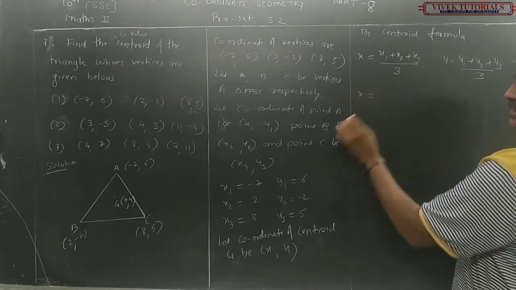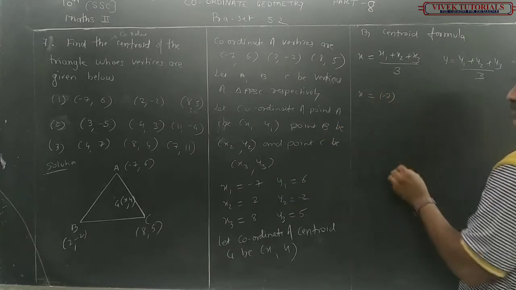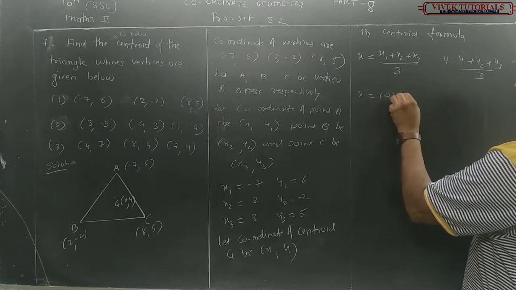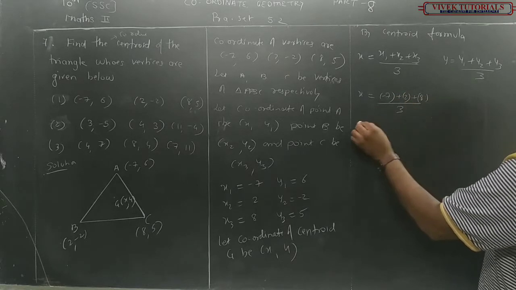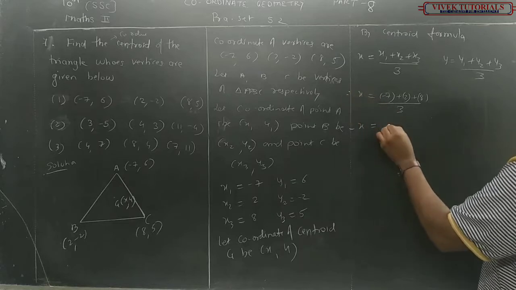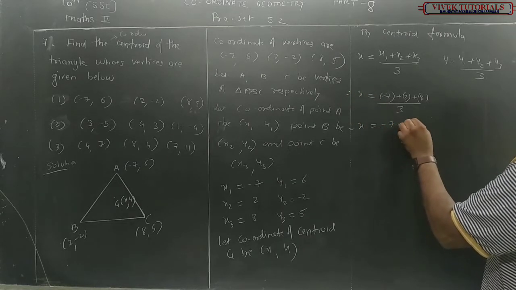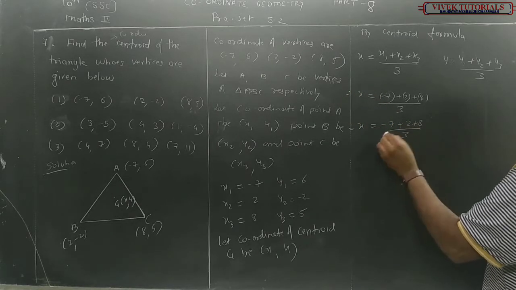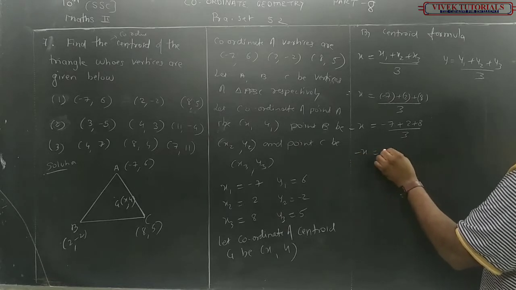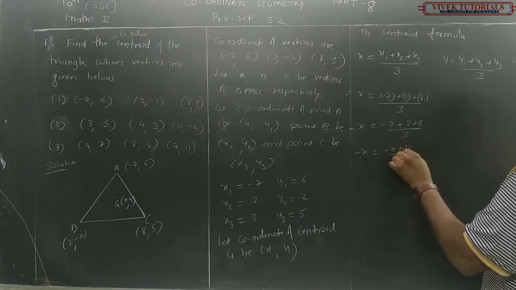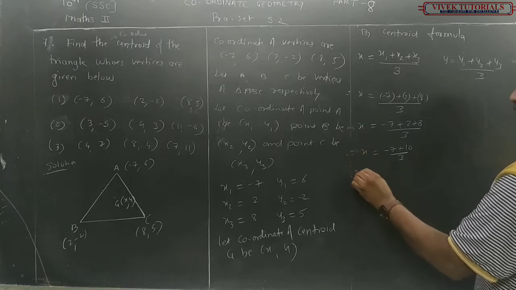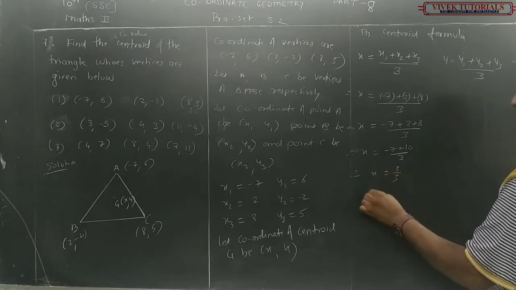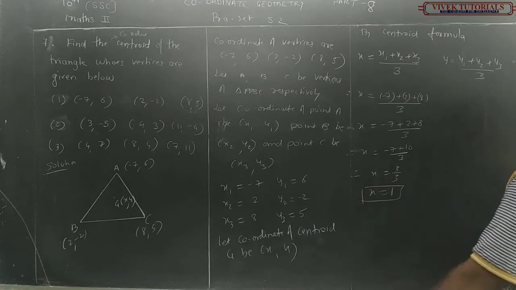So x is equal to (-7 plus 2 plus 8) upon 3. Therefore, x is equal to (-7 plus 10) upon 3. So x is equal to 3 upon 3, x is equal to 1.